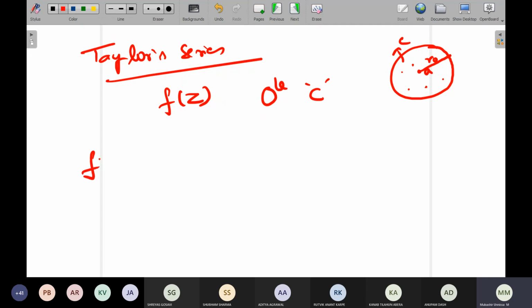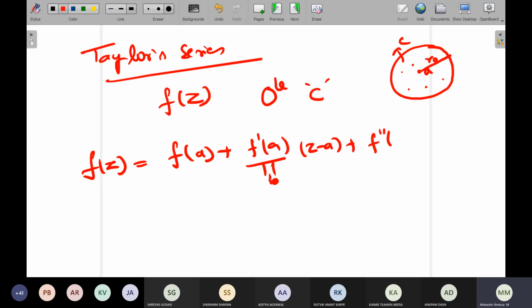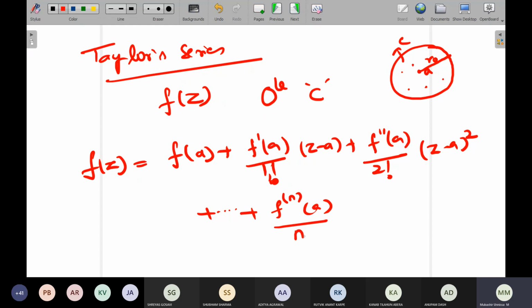the function f(z) can be represented as f(z) equals f(a) plus f'(a) by 1 factorial into (z minus a) plus f''(a) by 2 factorial into (z minus a) whole square plus etc. plus f^n(a) by n factorial into (z minus a) whole power n plus etc. What is a? a is the center of that given circle, and the radius is R_0.